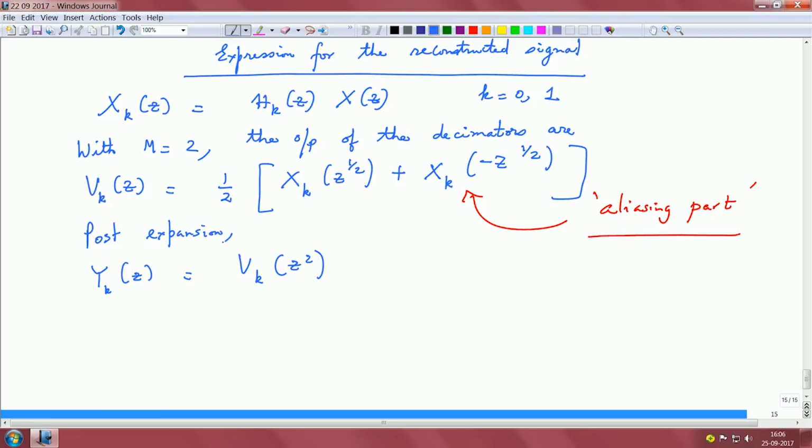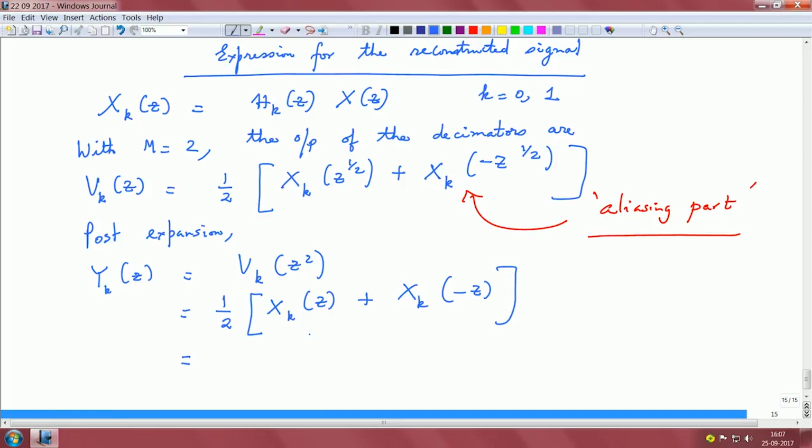I get this. Now I simplify this to be 1/2 of xk of z plus xk of minus z. It is straightforward. Plug z equals z square into the equation above.